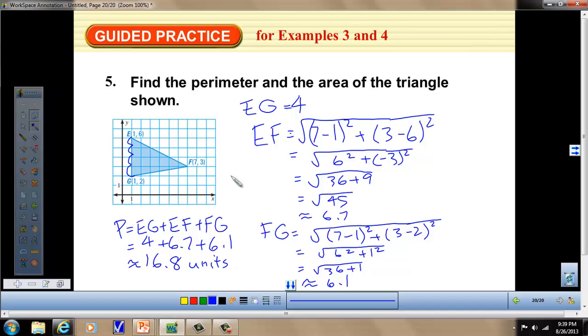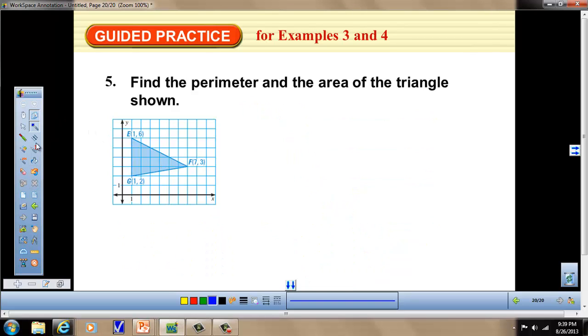Okay, and then to find the area, let's go ahead and clear that. Remember again, we found our height by drawing a line from here to here, and we knew that that height was 6. We know that this distance right here ends up being a distance of 4.